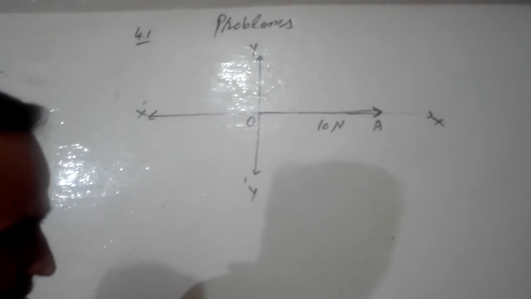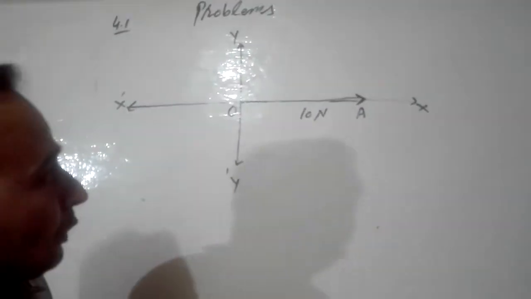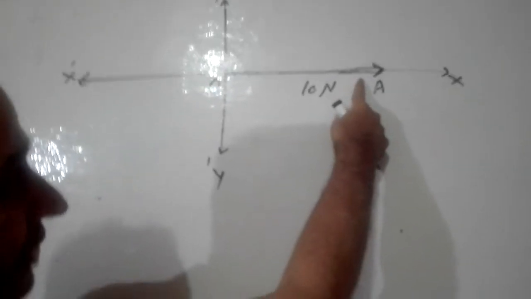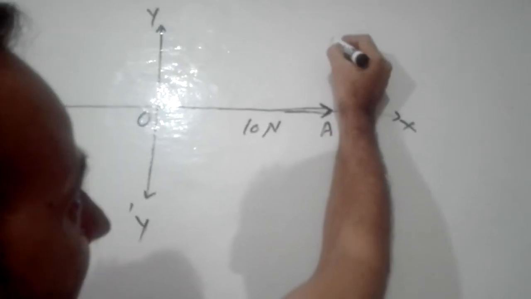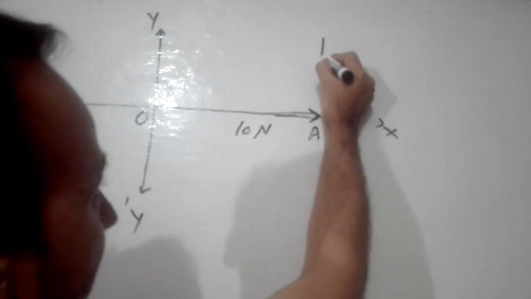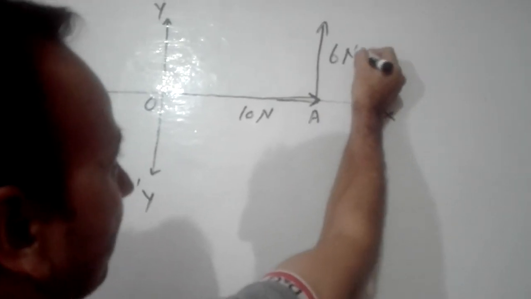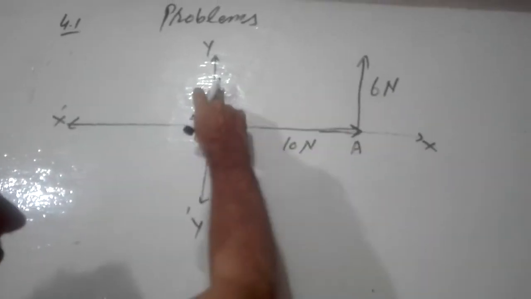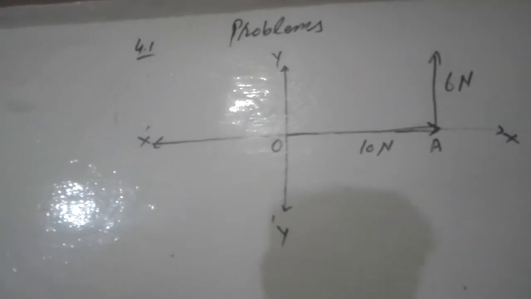Next is 6 Newton force along y-axis. According to head to tail, you know, the head of the first vector coincides with the tail of the second. The second vector is vertically upward. Suppose this is 6 Newton force parallel to y-axis, because it is a vertical force.